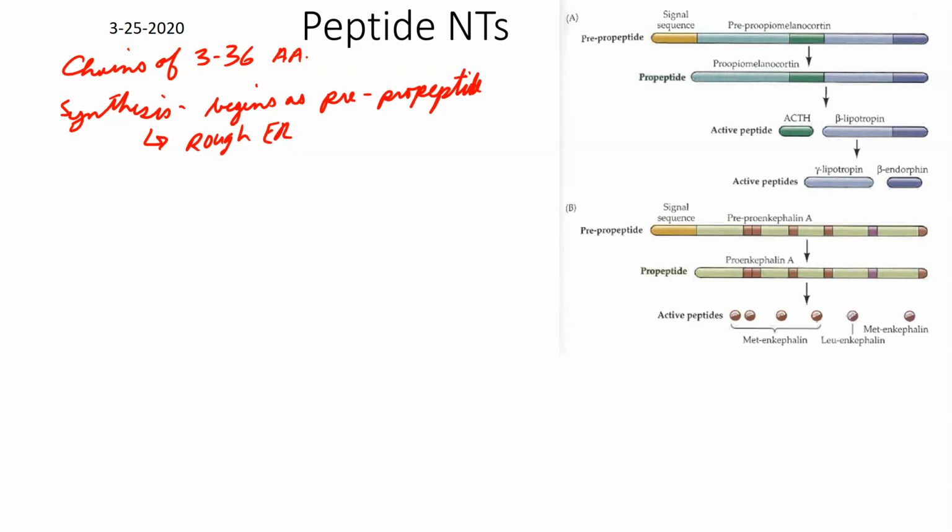And they're much, much longer than what our final product is going to be. Then this pre-pro peptide is cut down a little bit into a propeptide and transported to the Golgi apparatus. So the propeptide version of this is then sent off to the Golgi.